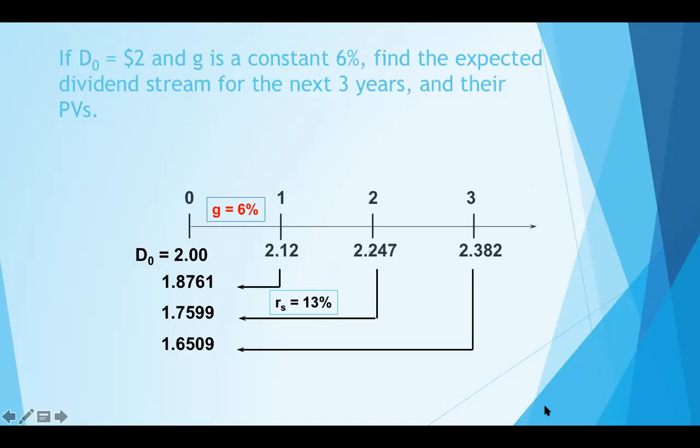So 2.12 times 1 plus 6% is equal to, it's not 6 but 7, but anyway, 2.247. Is it clear? So we can calculate the expected dividends each year until forever. Okay.